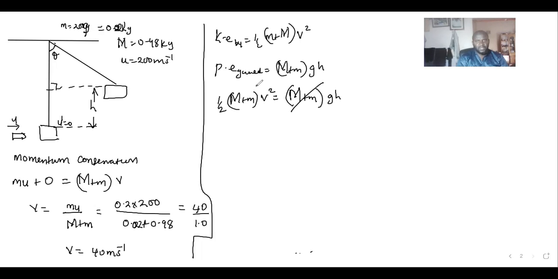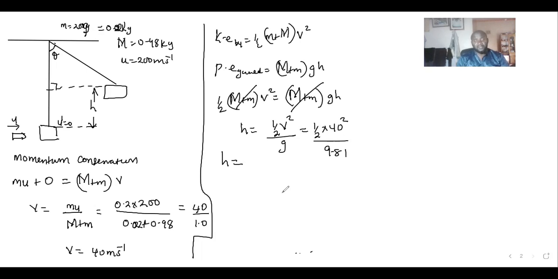I cancel this with that. Then I can find H from half V squared over g. This will give me half times 40 squared divided by 9.81. Calculator, what is the height? If we get the height, we can even find the length of the string.